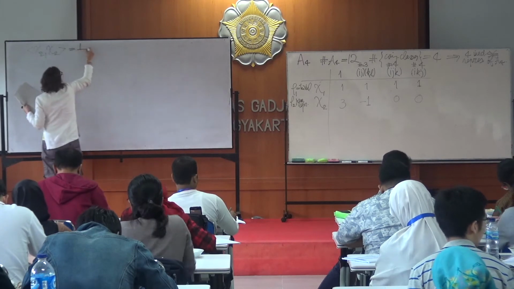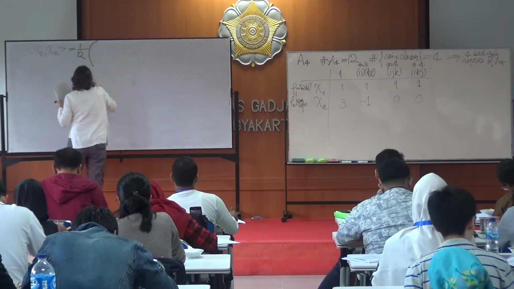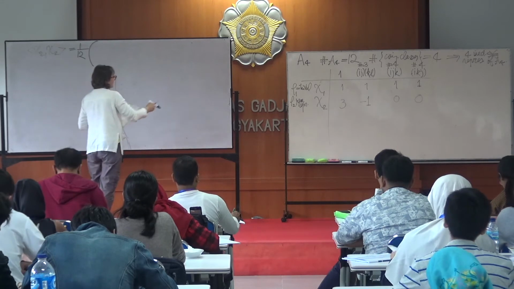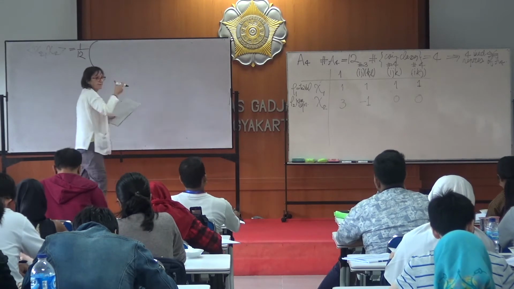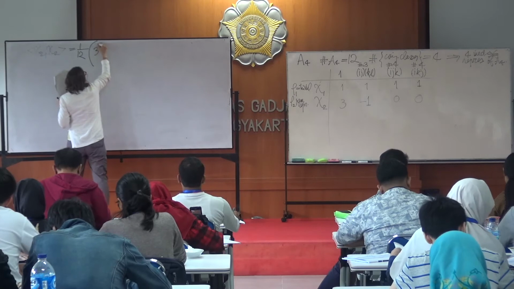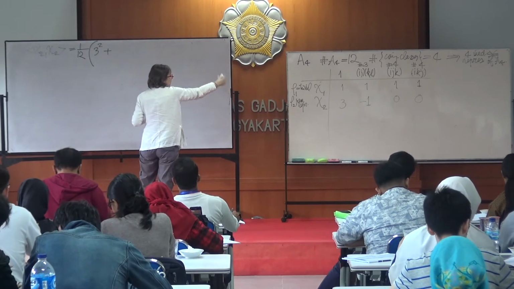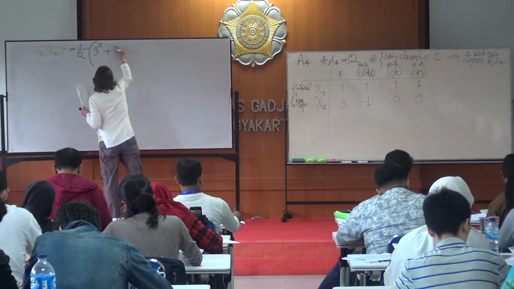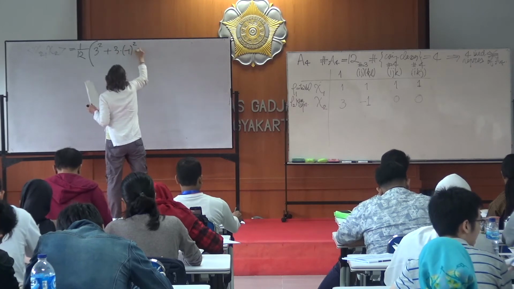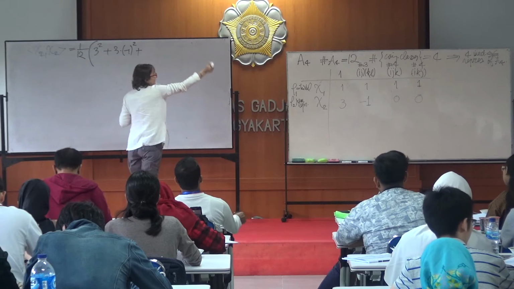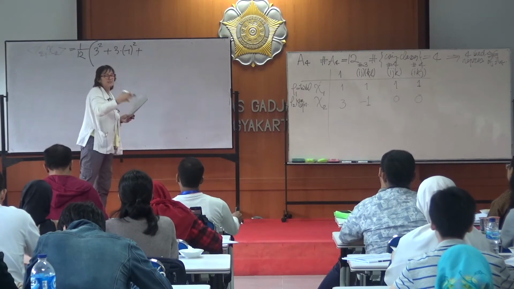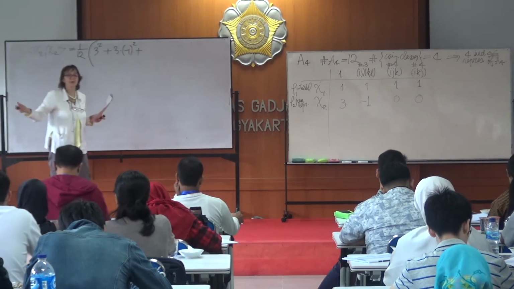This will be 1 over 12 times 3 squared, plus 3 times (-1) squared, plus all the rest is 0: 4 times 0 squared plus 4 times 0 squared.